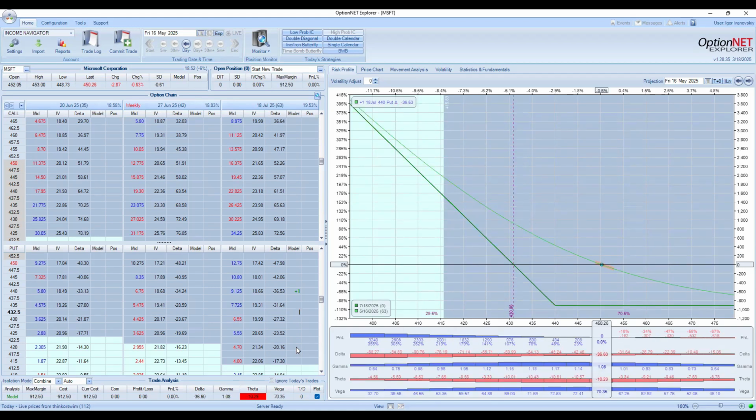Well, what if we didn't sell that 430 and we just did a long 440 put, and at 420 at expiration, instead of making $740, our 440 long put is worth 20 points. 20 points times 100 is $2,000, but we're also paying $920 for it, right?